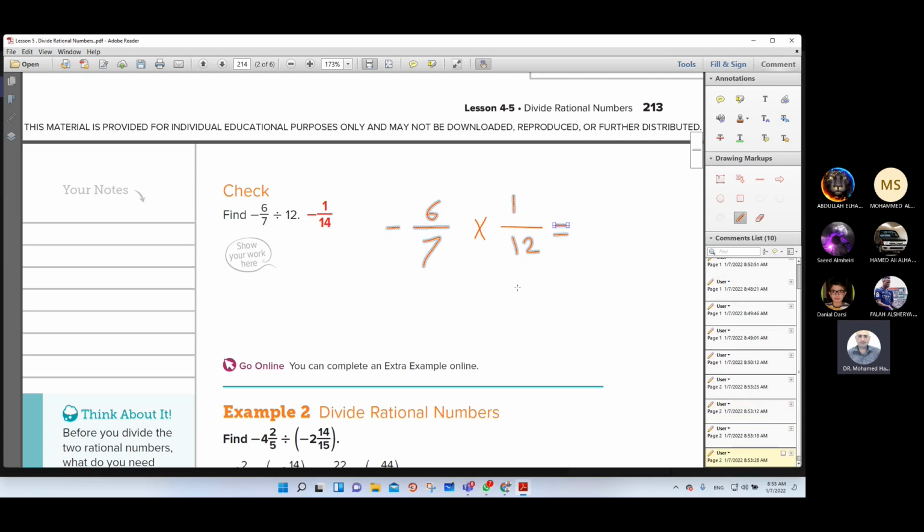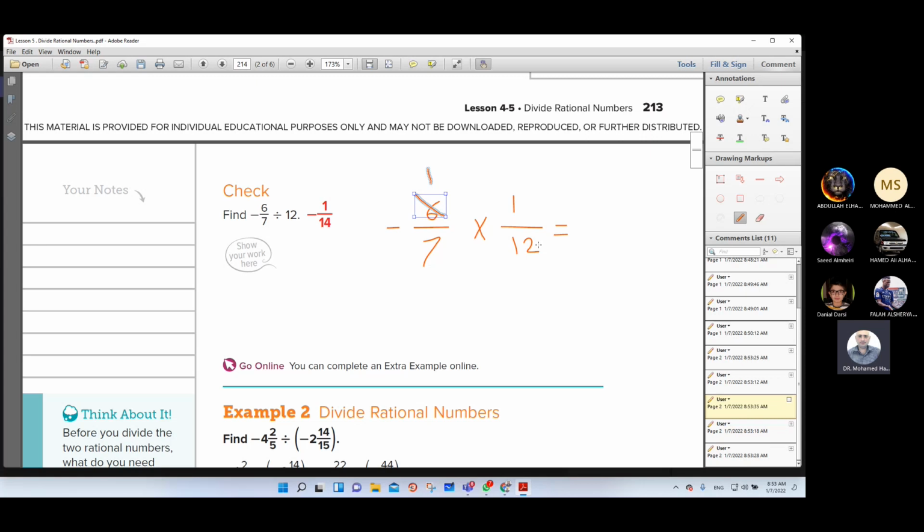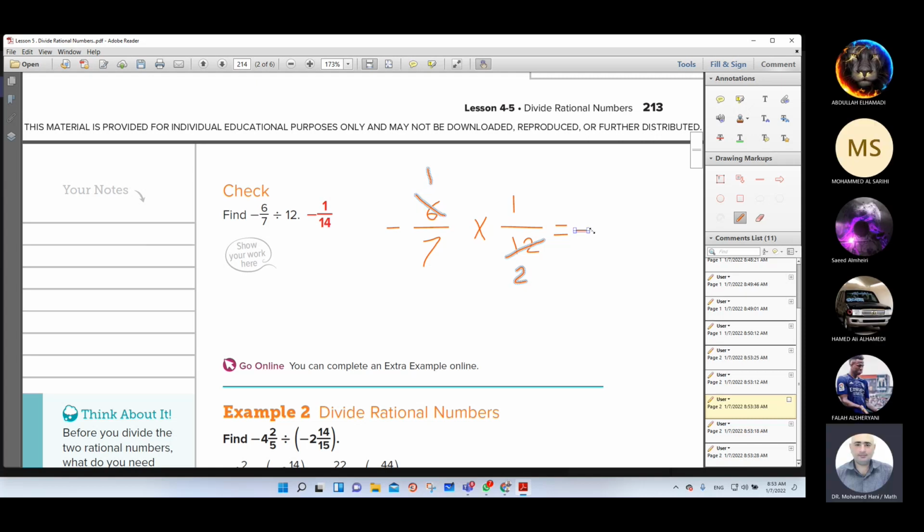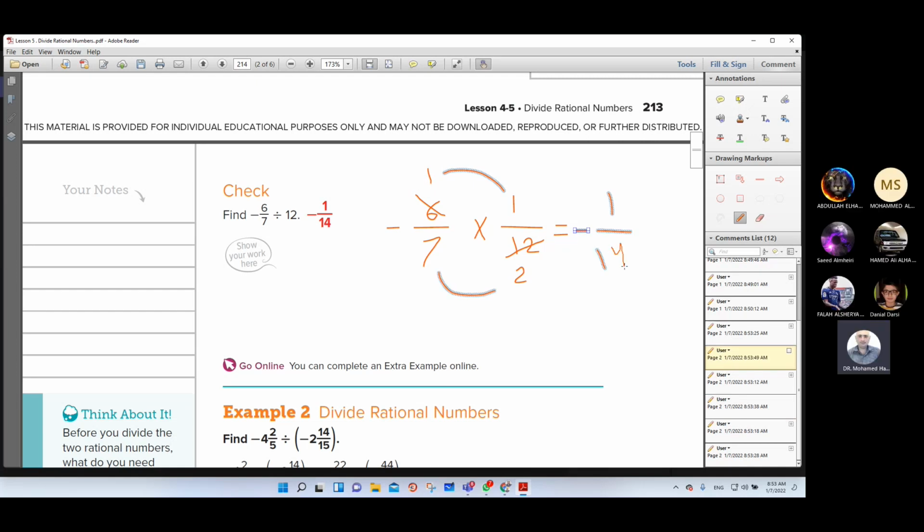Then you can simplify here. 6 divided by 6 will be 1, and 12 divided by 6 will be 2. Negative times positive is negative. 1 times 1 will be 1, and 7 times 2 will be 14. So the answer will be negative 1 over 14.